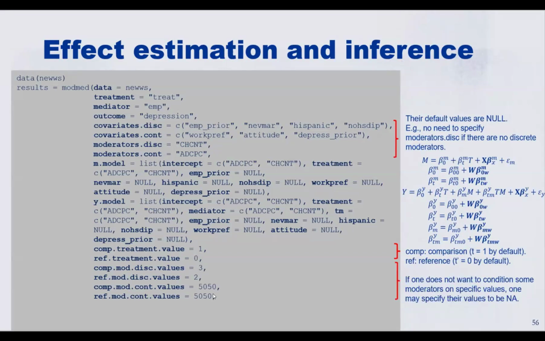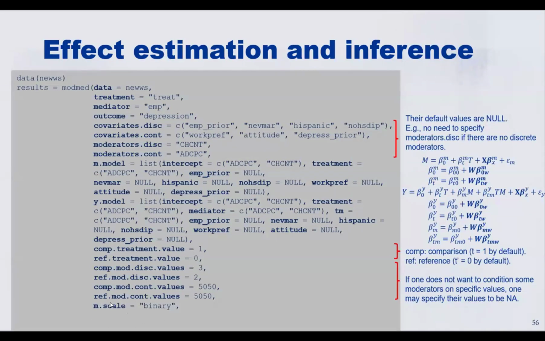If you do not want to condition some moderators on specific values, you may specify their values to be NA. That means if you want to just compare those who have 3 or more children at baseline and those who had 2 children at baseline, while not conditioning on any specific value of baseline welfare amount, then this 50/50 can be replaced with NA.